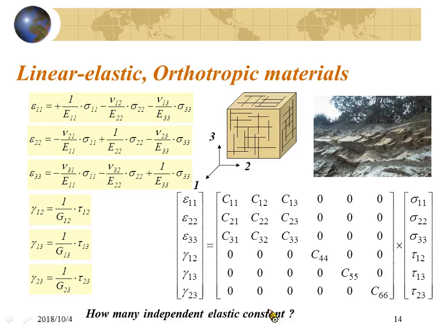So you will have G12, G13, and G23. If the material is isotropic, then you will have G12 equals G13 equals G23 equals G. It will be isotropic materials.